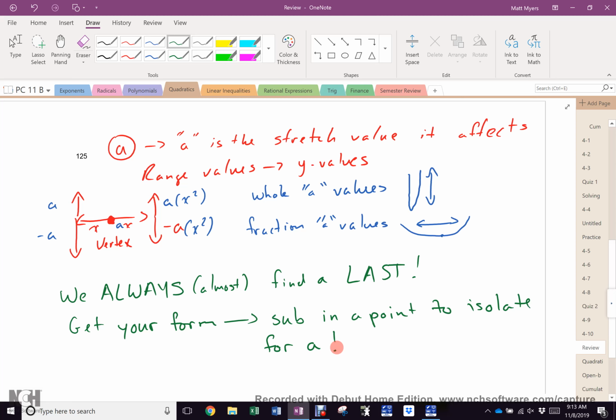Negative 4. If you went over 2 and up 1, what is your A? No, over 2 and up 1. 1/4. Because you should have gone over 2 and up 4. Right?